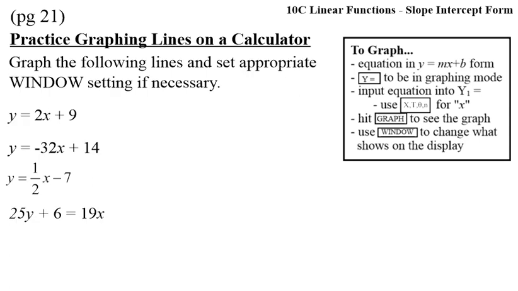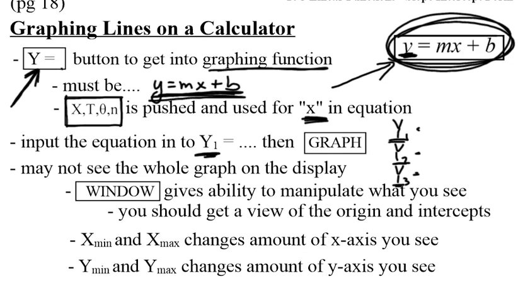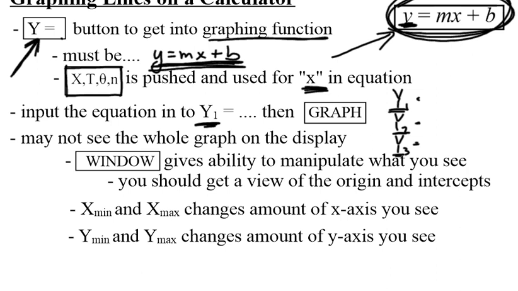All right. I want you to practice putting in some of these and seeing the intercepts because they're important, the y-intercept. However, I'll go back to this page that talks about how to graph. I ignored this bottom part to start.